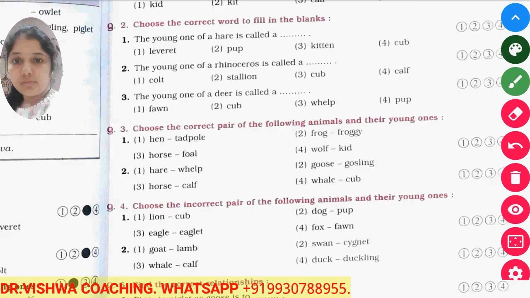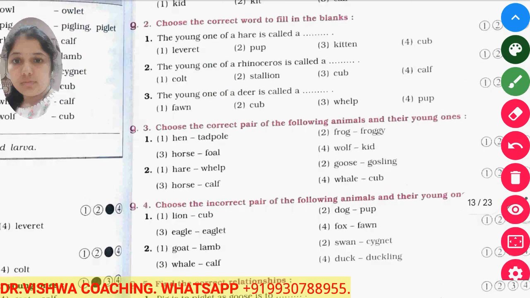Now the next question pattern is you have to choose the correct pair for the following animals and their young ones. So you must know which animal's young one is called by which name. Hen, tadpole. Now see, hen's young one is known as chicken, so this is wrong.